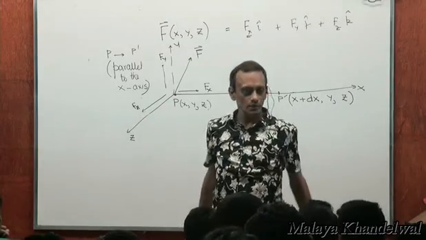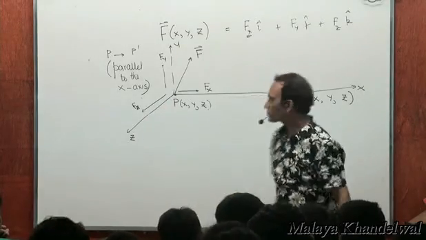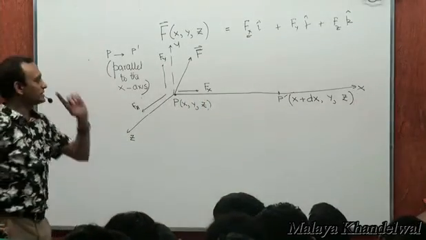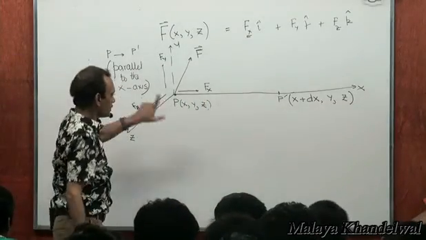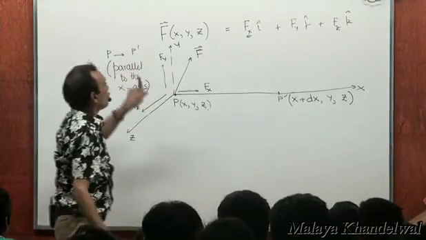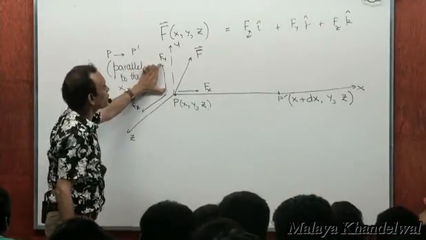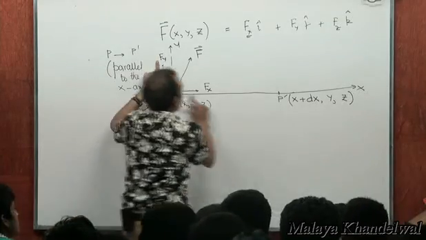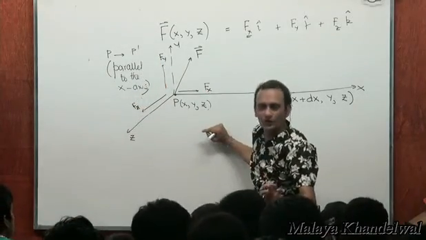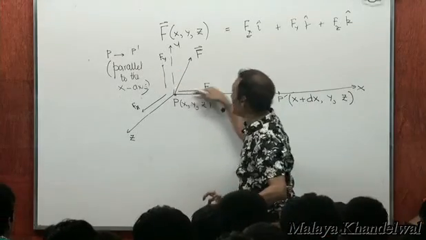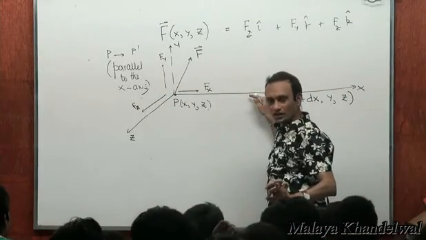Got me? Now, tell me this: when the particle is transported from P to P prime, what's the work done by the y component of the force? 0. Why? Because Fy and dx are perpendicular to each other.